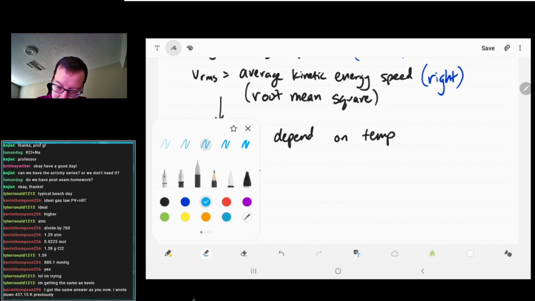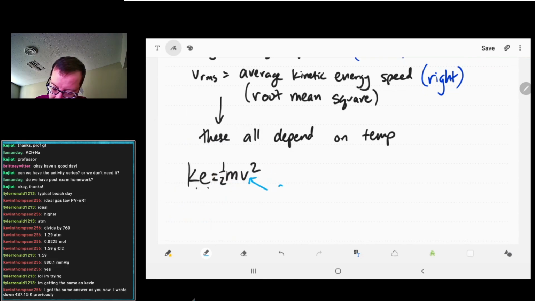So we've talked now about this speed component, or velocity, if you want to be in terms of physics, but this part, the mass, we have not really talked about. And so if we want to think about it, if things have the same temperature, same kinetic energy, what do we think is going to happen if we change the identity of the gas?